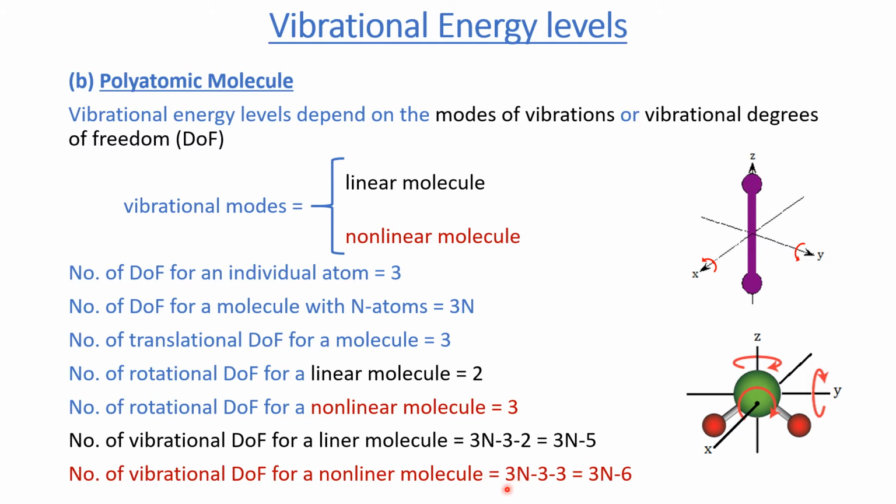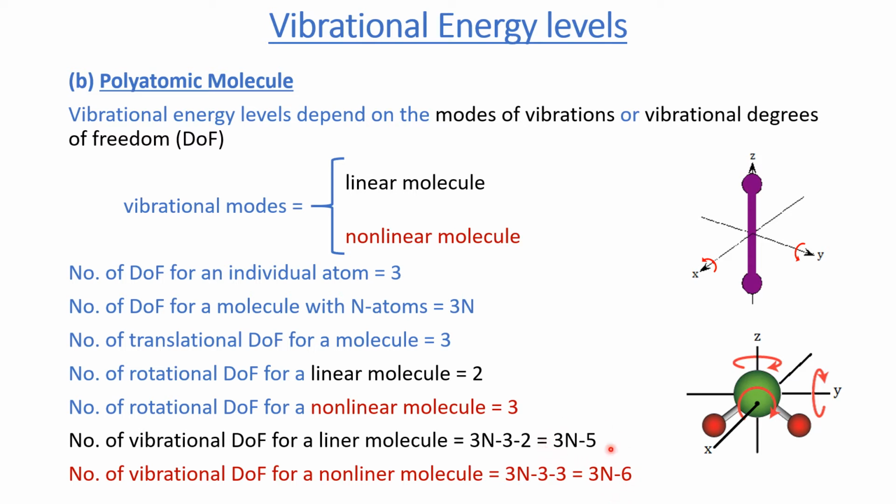Similarly, the vibrational degrees of freedom for a non-linear molecule will be equal to 3n, the total degrees of freedom for the molecule, minus 3 translational degrees of freedom, minus 3 rotational degrees of freedom, and it comes out to be 3n minus 6.